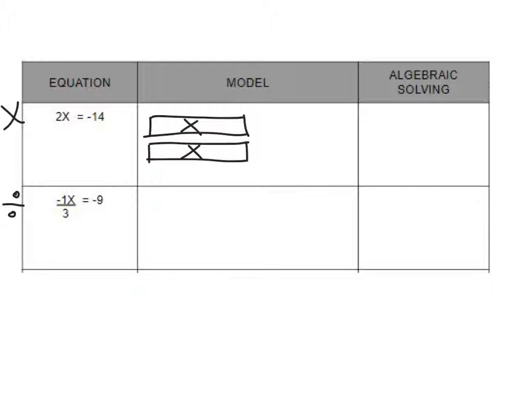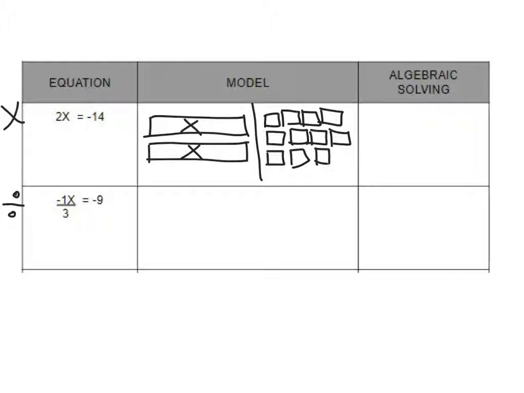Yeah, there's 2. And then on the other side, you have negative 14. So I'm going to go ahead and draw the 14. Yeah, you could do circles. It's easier to do circles.